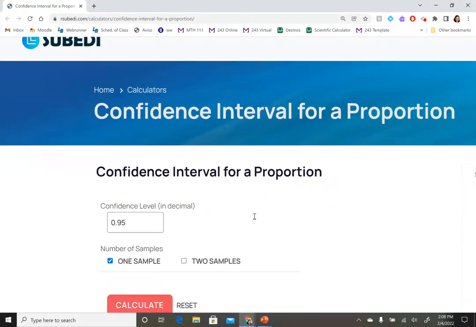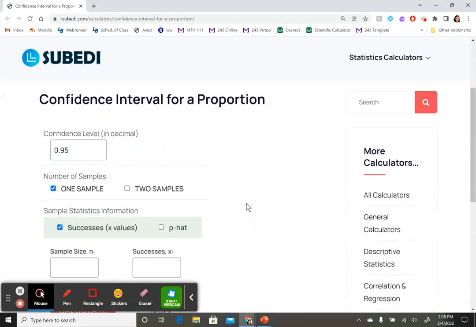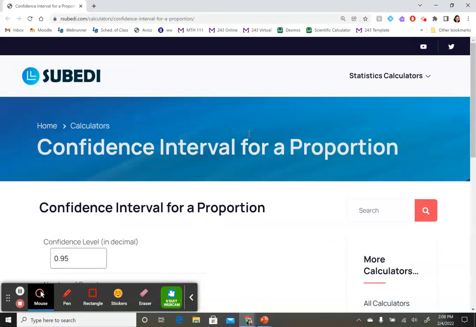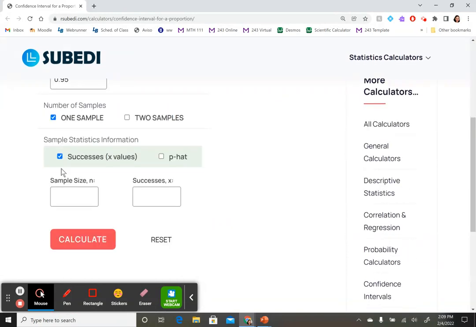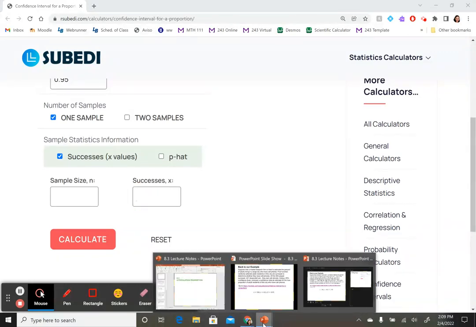I can remember those things. That'll be exciting. It was 95%. This is a different calculator than we've used. We've used the sample size one. We've used the mean one. This is the confidence interval for a proportion one. So we want 95% confidence level, one sample. Well, you can either put in p hat that I computed earlier, or you can put in successes, which I think was 461.